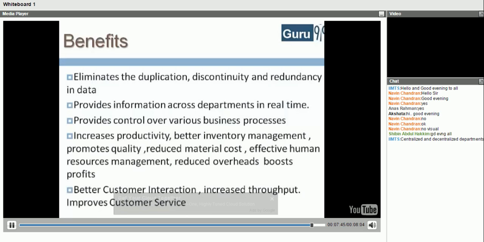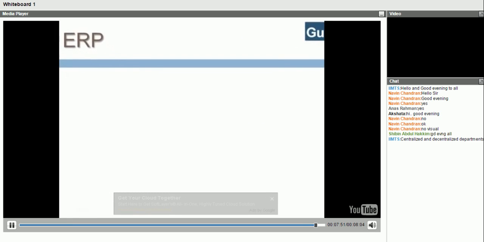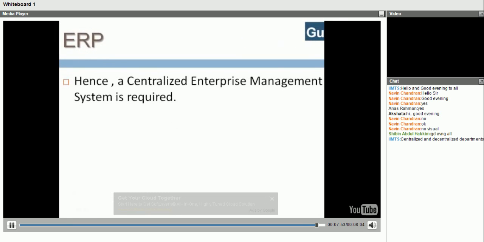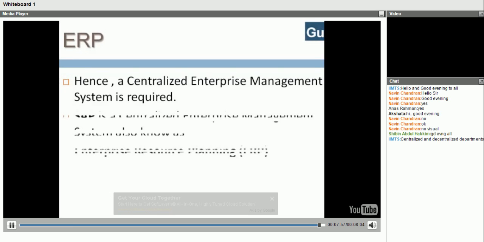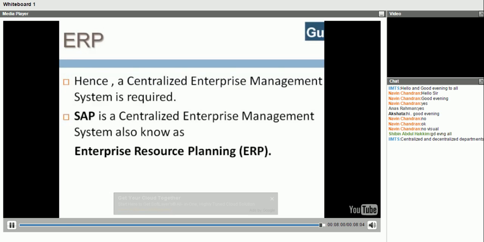Better customer interaction, increased throughput, and improved customer service. Hence, a centralized enterprise management system is required. SAP is a centralized enterprise management system also known as enterprise resource planning.